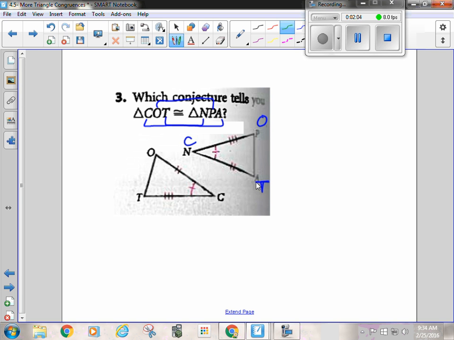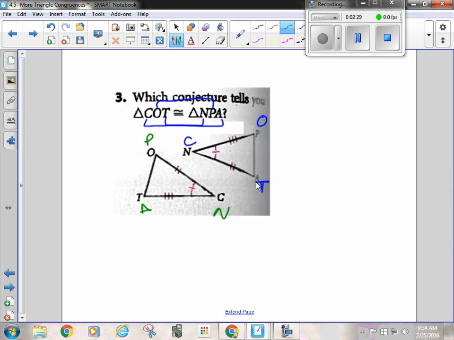I'm just going to rewrite over on the other side. C goes with N, O goes with P, and T and A go together. Okay, so looking from triangle to triangle, I can see right off the bat I have two sides and an angle, and it's the included angle. So I have side, side, angle, side. So I'm going to think it's probably congruent, but I need to check the congruence statement.